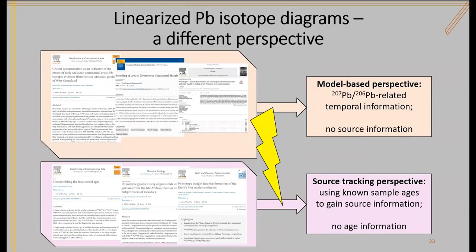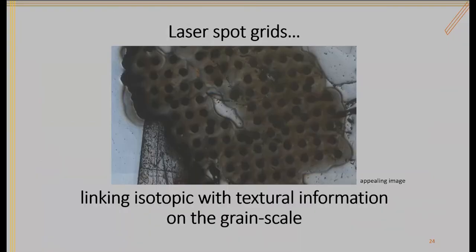While it looks like these different perspectives are conflicting, the reality is that they simply reflect different applications of the lead isotope system. We can reach agreement here when we accept the fact that we can make use of both aspects. The transition to the last part of my presentation is that laser spot grids, or laser ablation analysis, have the big advantage of spatial coverage.